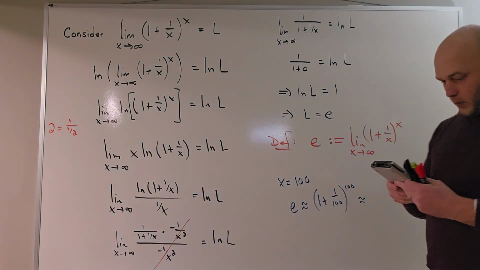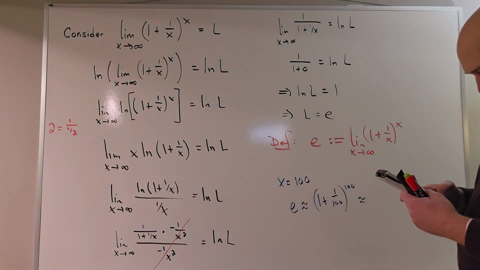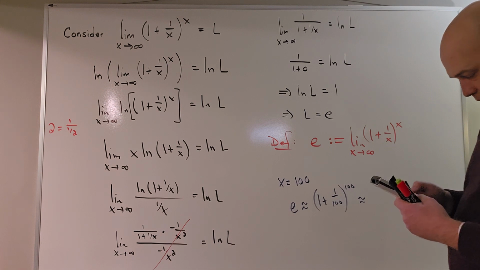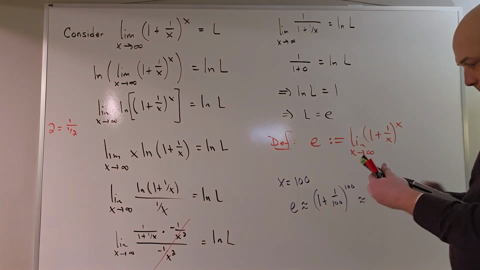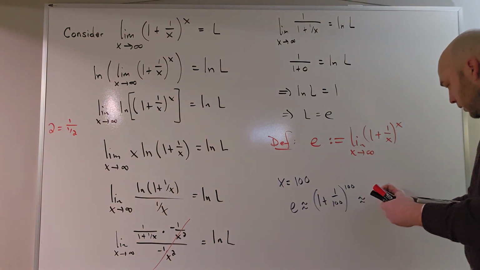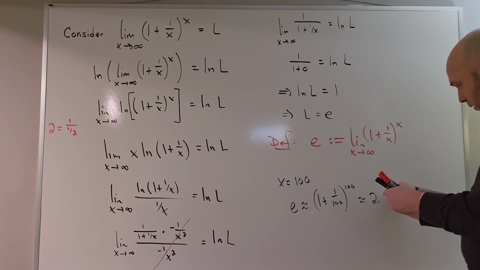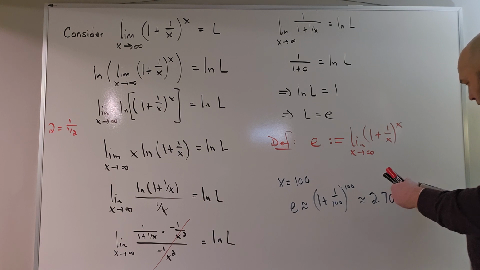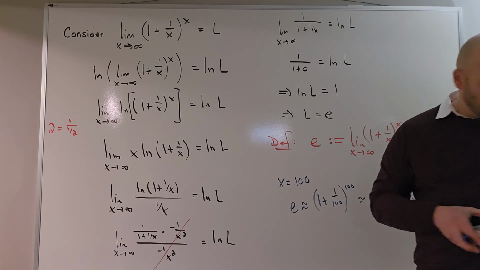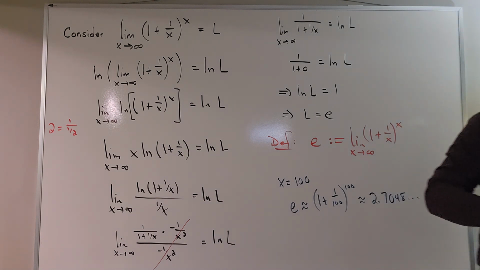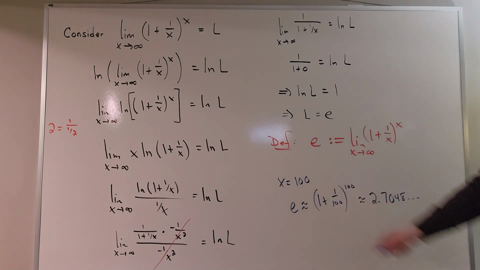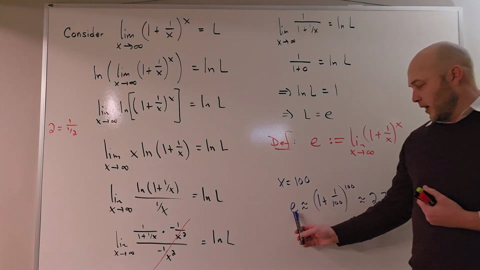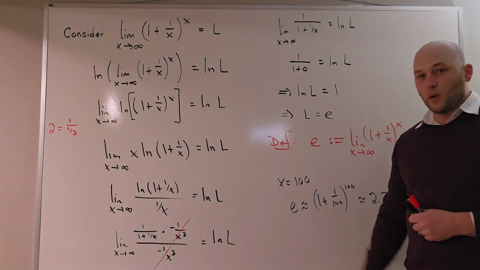And what does that give me? Okay, I get approximately 2.7048, etc. And of course, as I take larger and larger values of x, this approximation will get closer and closer to the decimal I gave you at the beginning of the video for e.